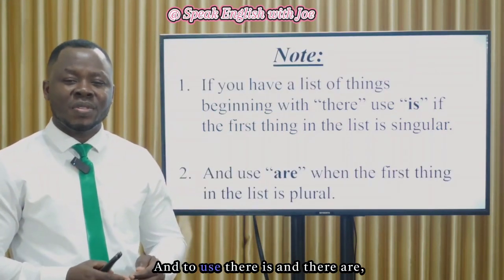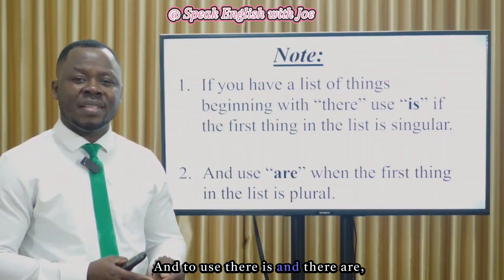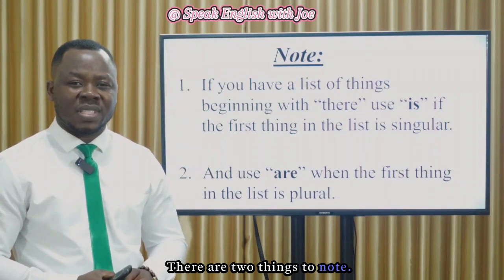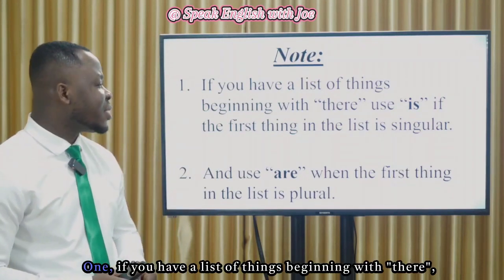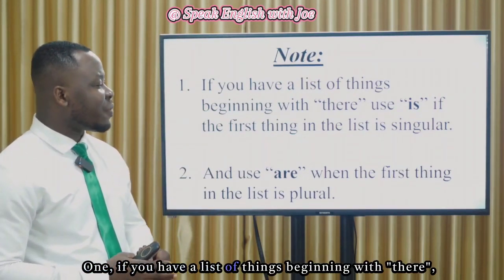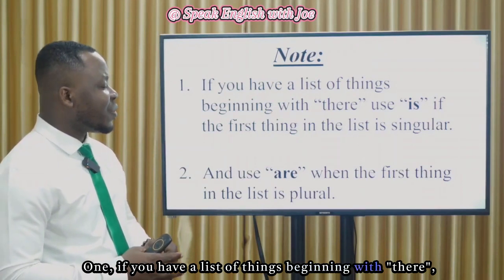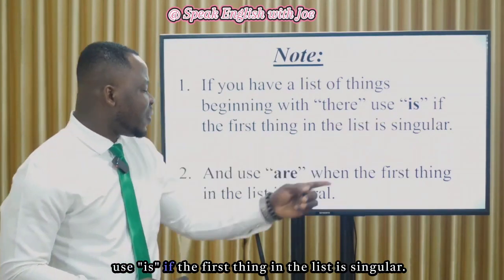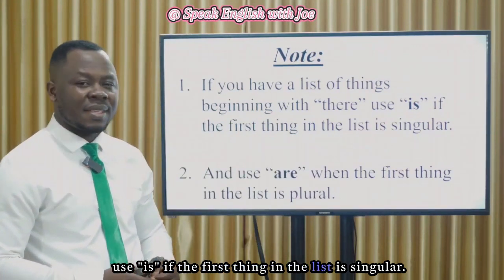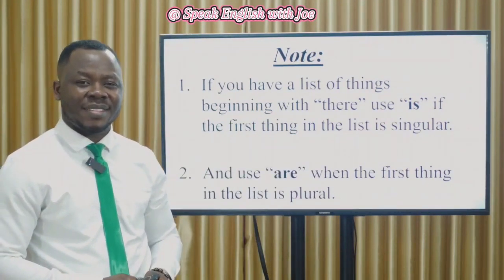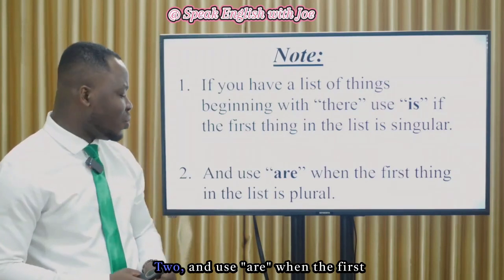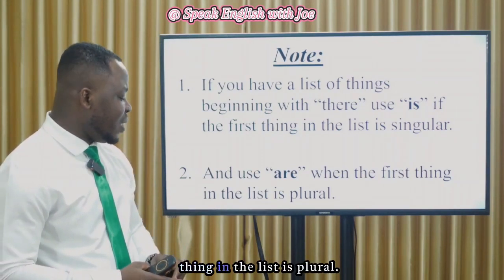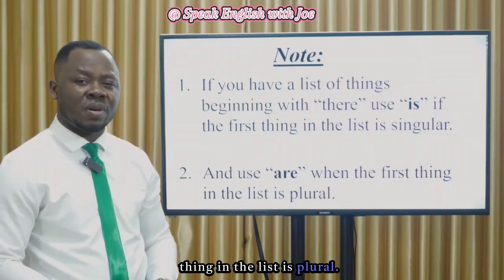And to use the is and the are, there are two things to note. 1. If you have a list of things beginning with there, use is if the first thing in the list is singular. 2. And use are when the first thing in the list is plural.